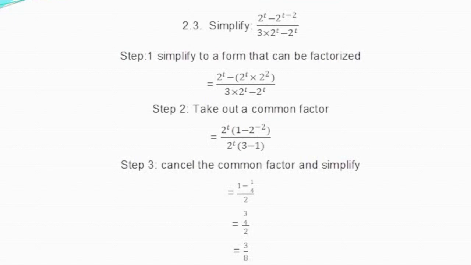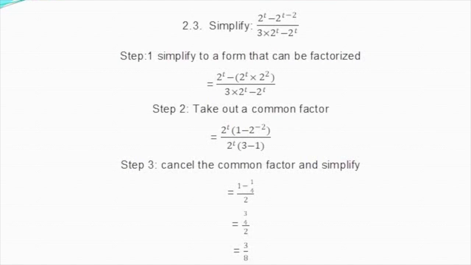Therefore, for the numerator we have 2 to the power t minus 2 to the power t times 2 to the power negative 2. We do the same thing for the denominator; the denominator already has separate bases.